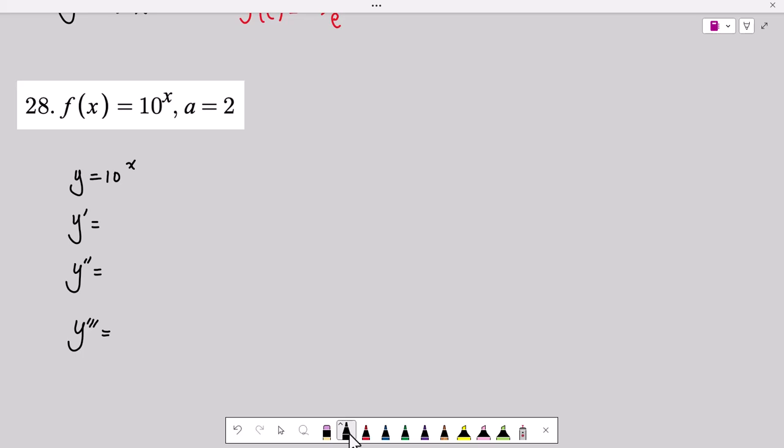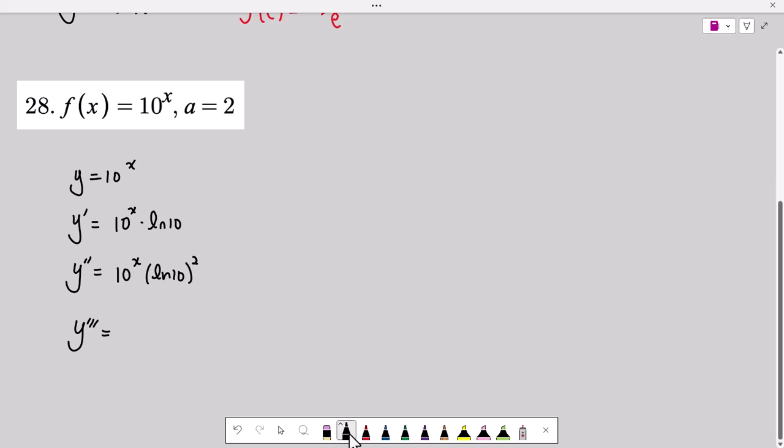So what is the derivative here of 10 to the x? 10 to the x ln 10. All right. Y double prime: ln 10 is just a constant, so we really are just differentiating 10 to the x again and multiplying it by ln 10.